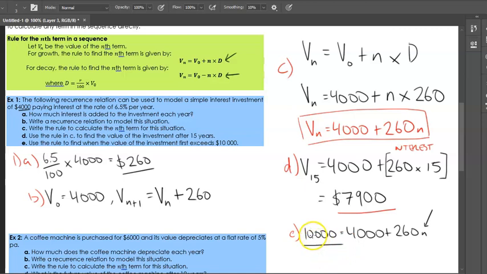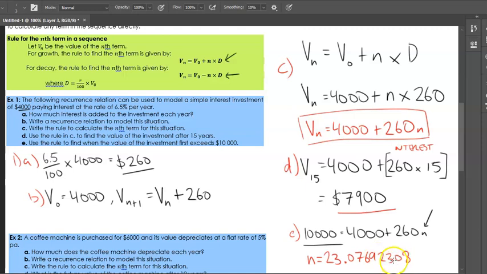You can use a solve function on your calculator, or you can work this out algebraically. Hopefully by now you should be used to these skills. The n value ends up being 23.07692308.